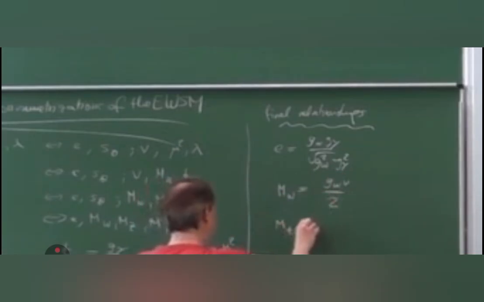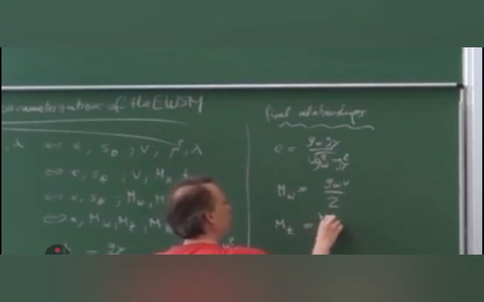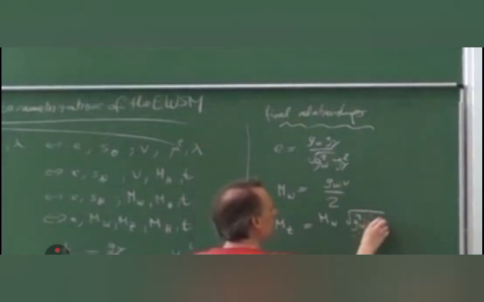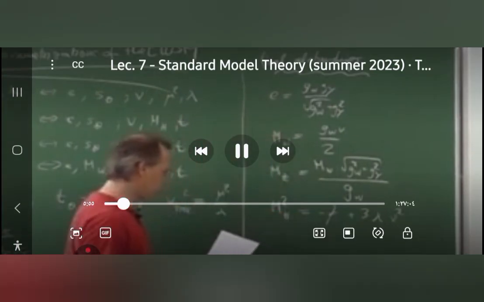MZ is given by MW divided by cosine of the weak mixing angle, which in terms of the original parameters can be written like this. And the Higgs mass square is given by minus mu square plus 3 lambda V square.